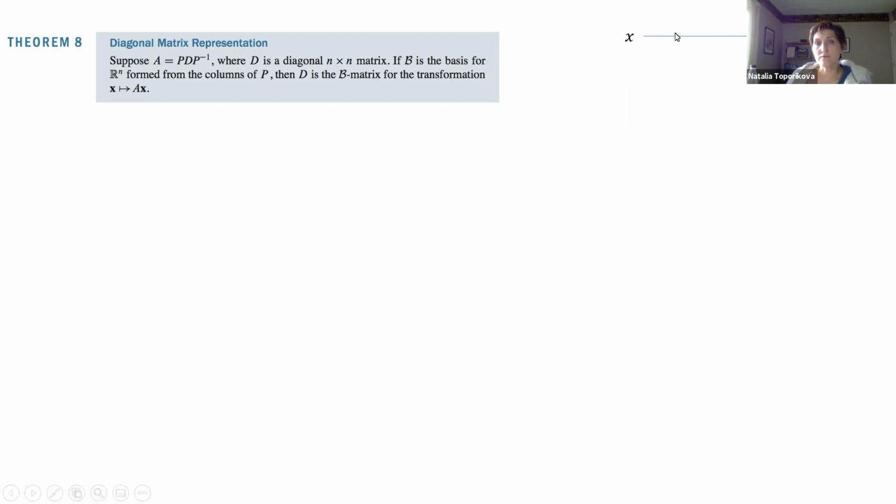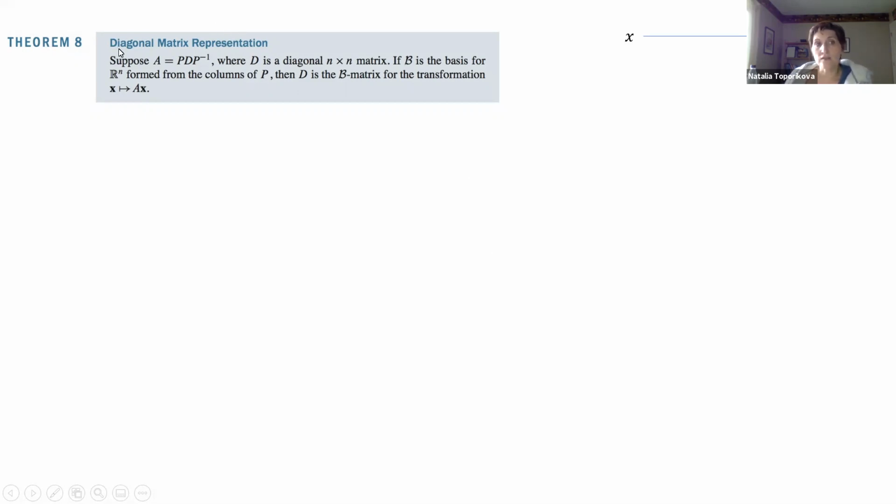This kind of calculation can be computationally costly, so we would like to find some diagonal matrix D which helps us carry out easier calculations to conduct the same linear transformation. Theorem 8 actually allows us to do just that.